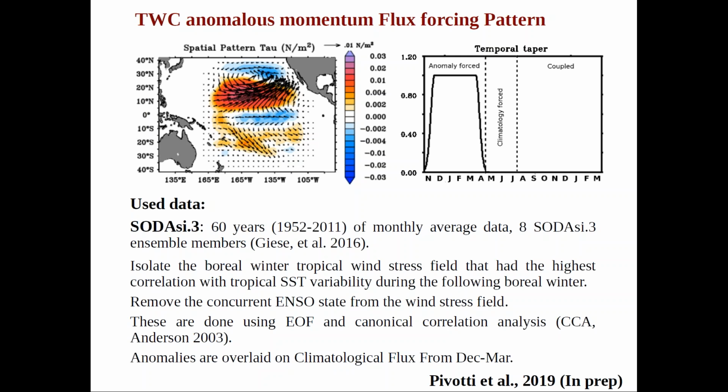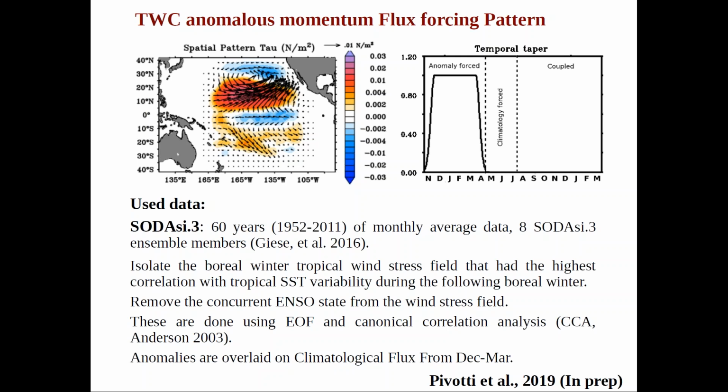So you can see that this is the climatological forcing, and we applied an anomalous forcing here. Actually, in the CSM model, the North Pacific Oscillation is not very strong, so we used the SODA SI run to generate this anomaly. Valentina did this work.